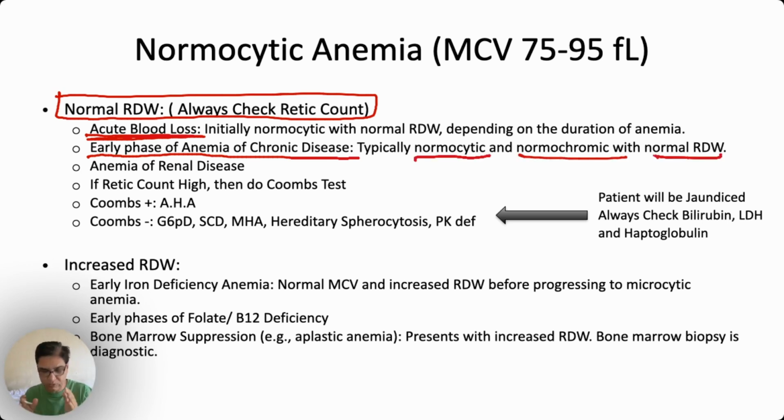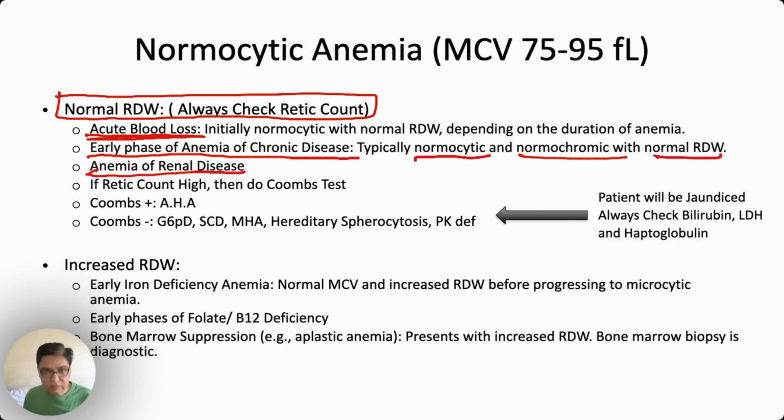Hemoglobin would be down, but over a period of time, these normocytes would convert into microcytes, and the red cell distribution would start going broad. So in the early phases you will see this picture: just hemoglobin down, everything is fine. Over a period of time, it would shift to microcytic.